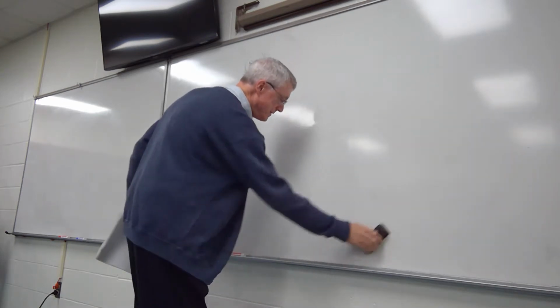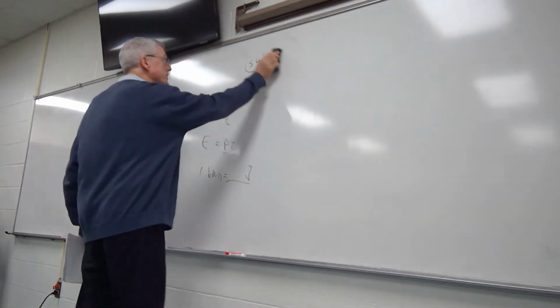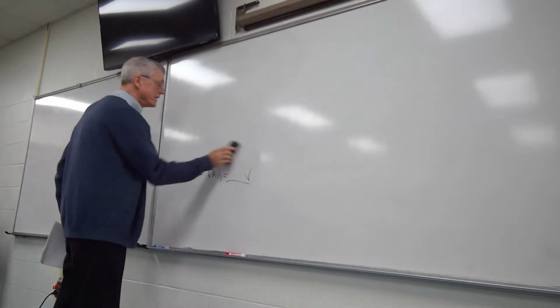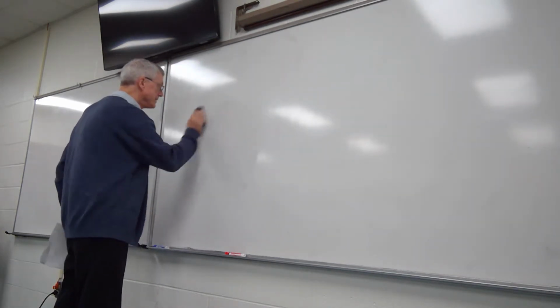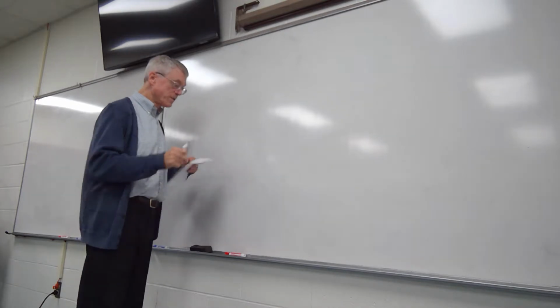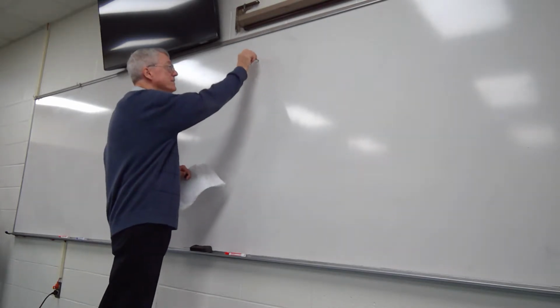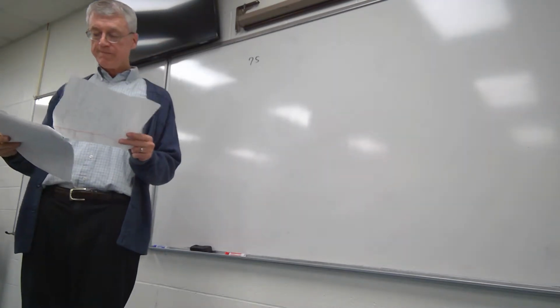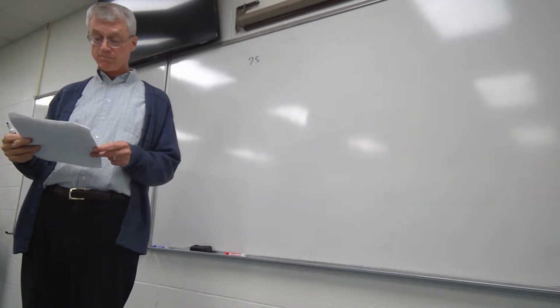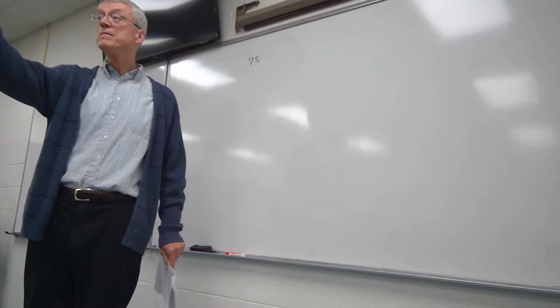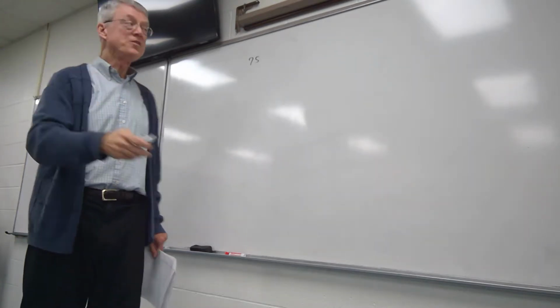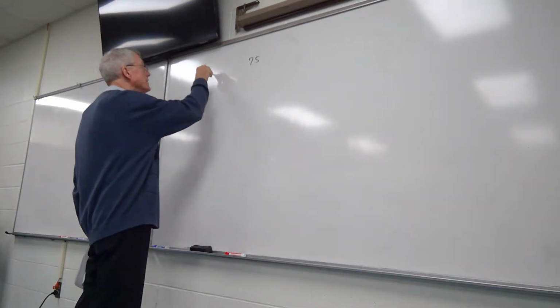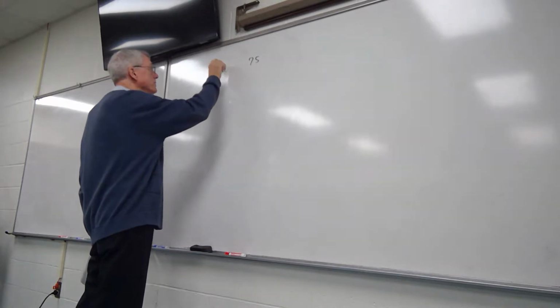Any of them you might have missed and you're not sure why, or you just don't know how to work it, besides 75? Horsepower. So which one? 67B. B, all right. 67B.